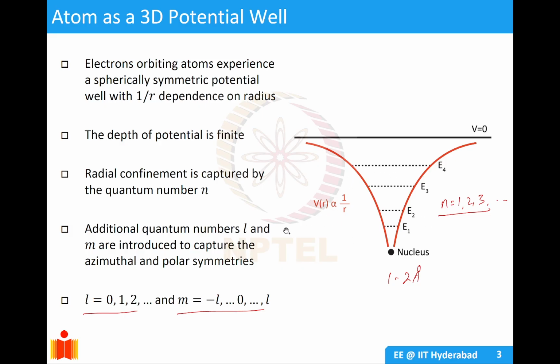Then to quantize the other symmetries, azimuthal and polar, we get additional quantum numbers L and M. L can be 0, 1, 2, and so on, up to n minus 1, and M goes from minus L all the way to L.